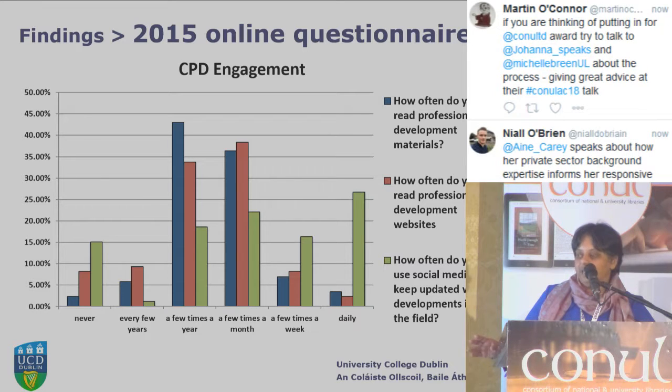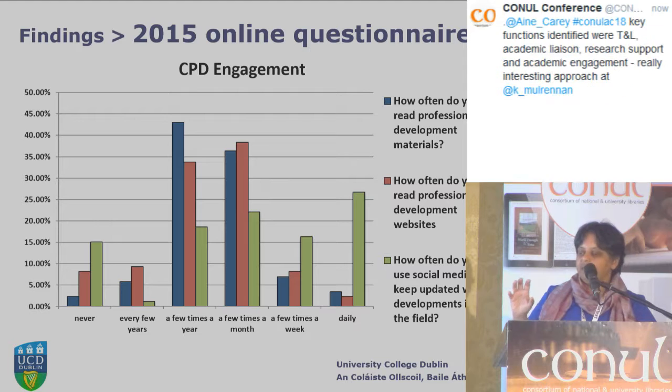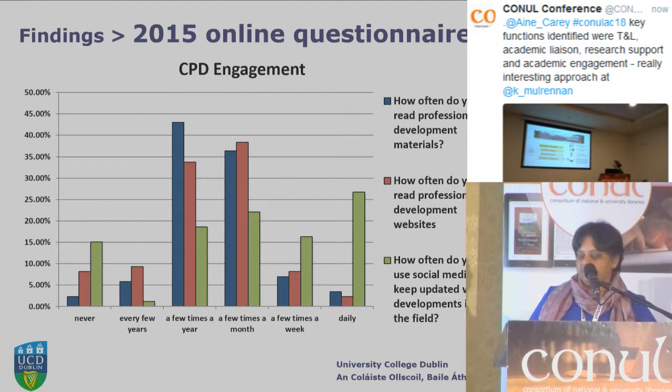Whether it's reading professional development journals, articles, etc., social media, or websites, say the Digital Curation Centre, Digital Preservation Coalition, and the like. There are many more questions related to things like online webinars and so forth. So we're all just right in that middle space, not really able to do as much as maybe we'd want to.